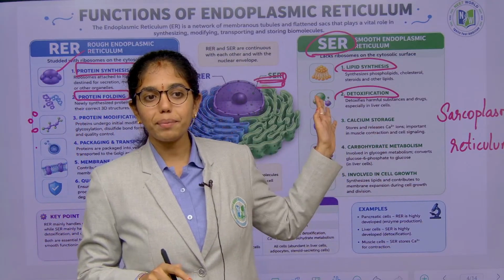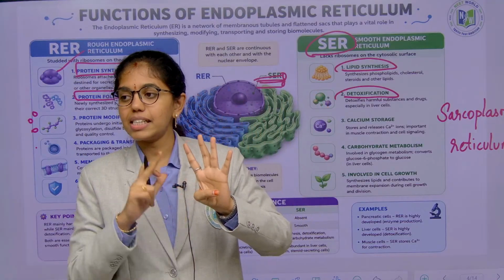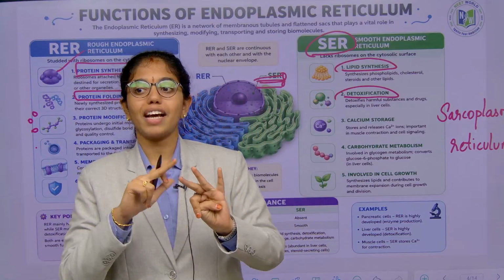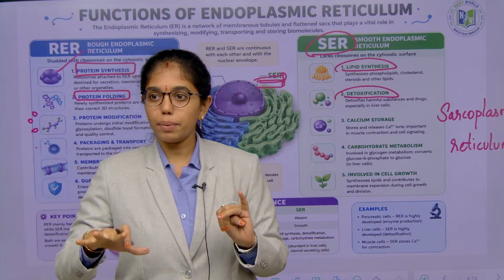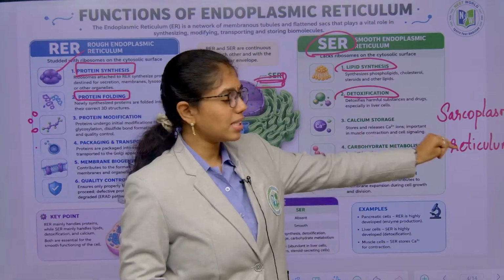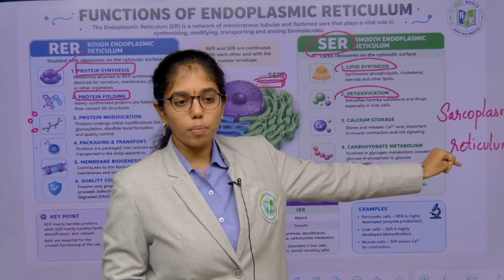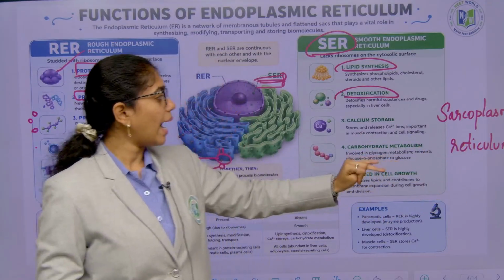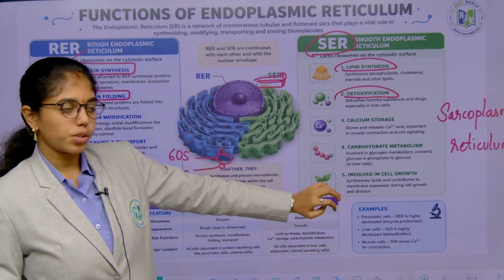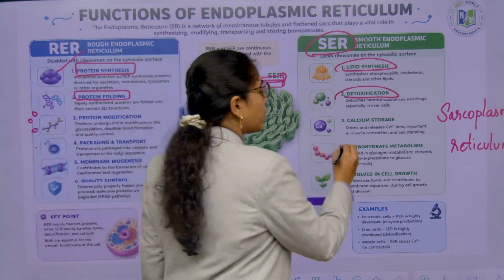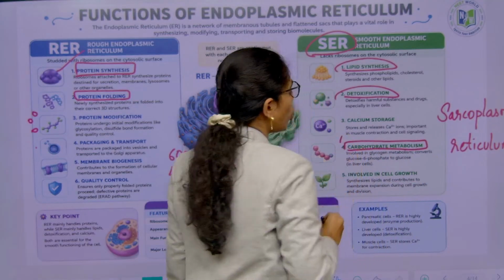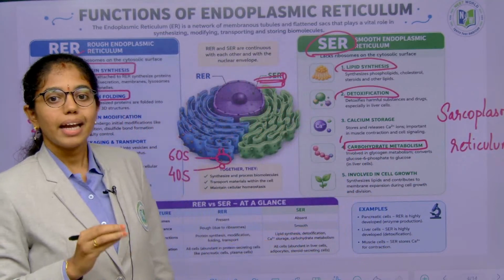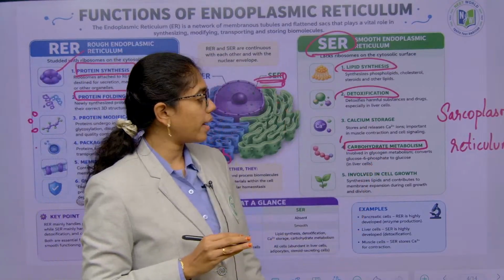For SER you have to remember lipid synthesis, detoxification of drugs, very good, calcium ion concentration is regulated, and if it is in muscle cells you call it sarcoplasmic reticulum, very good, and then calcium storage. In carbohydrate metabolism also it is involved, but this is an extra point for you, no problem, you note it down. It is also involved in carbohydrate metabolism.